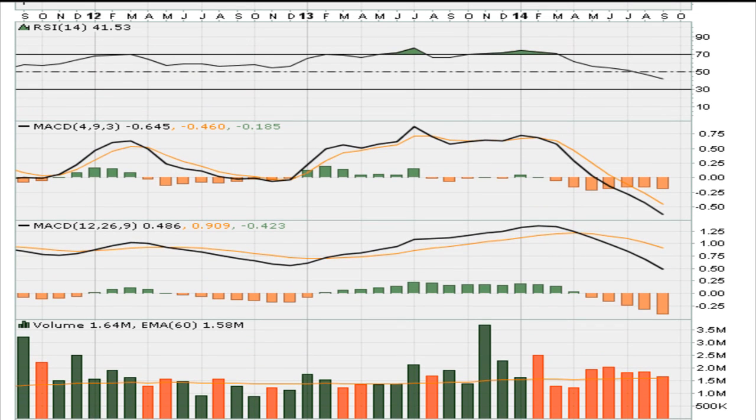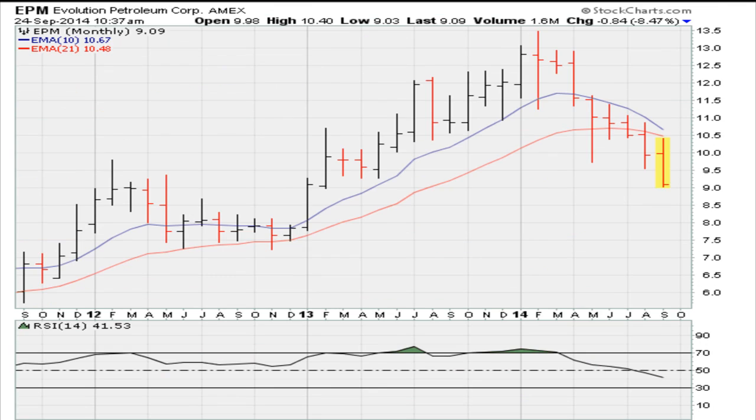As of right now, you see that momentum to the downside is being confirmed by the MACD being below zero, making 3-year lows, and also the main MACD has already now eclipsed the previous low, and so momentum continues to be to the downside. That might explain why it continues trending lower.